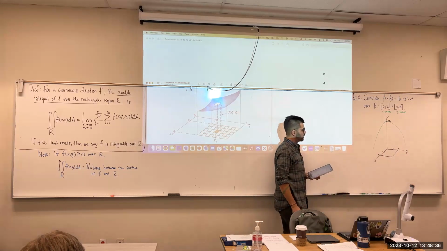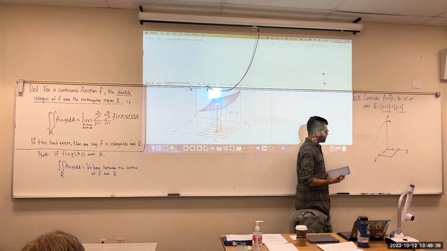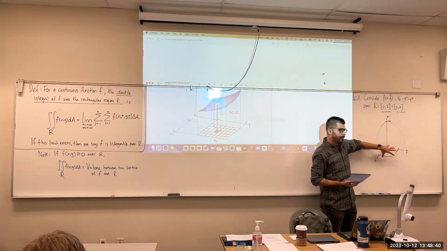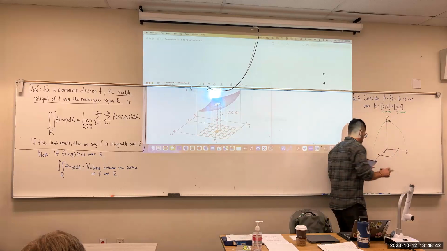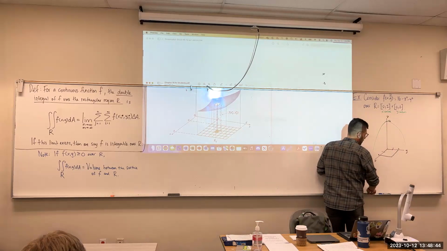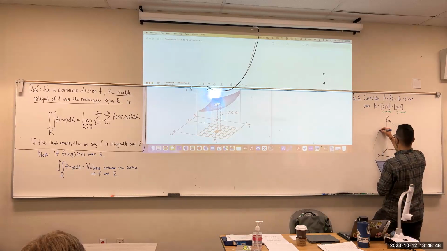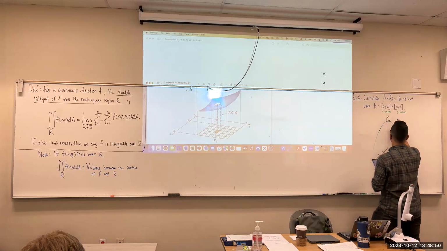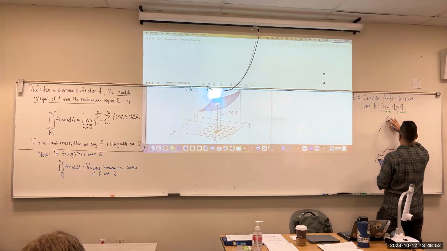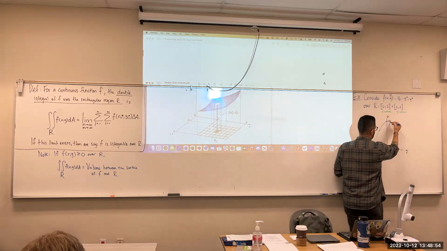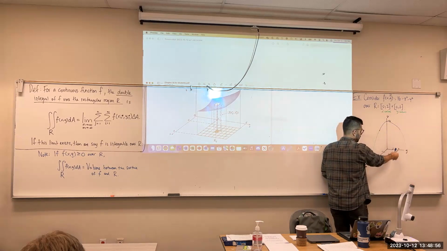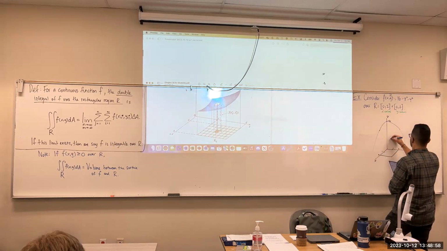So if I get this paraboloid and I only get this piece of it, what you're going to end up getting is a paraboloid that goes up right above 2, right here, and then kind of shoots towards this corner, like somewhere like this.